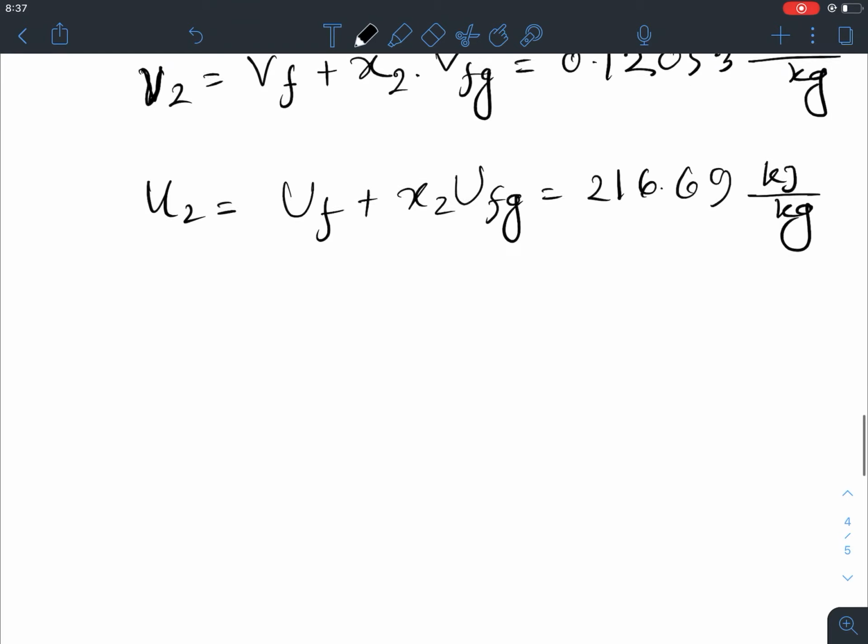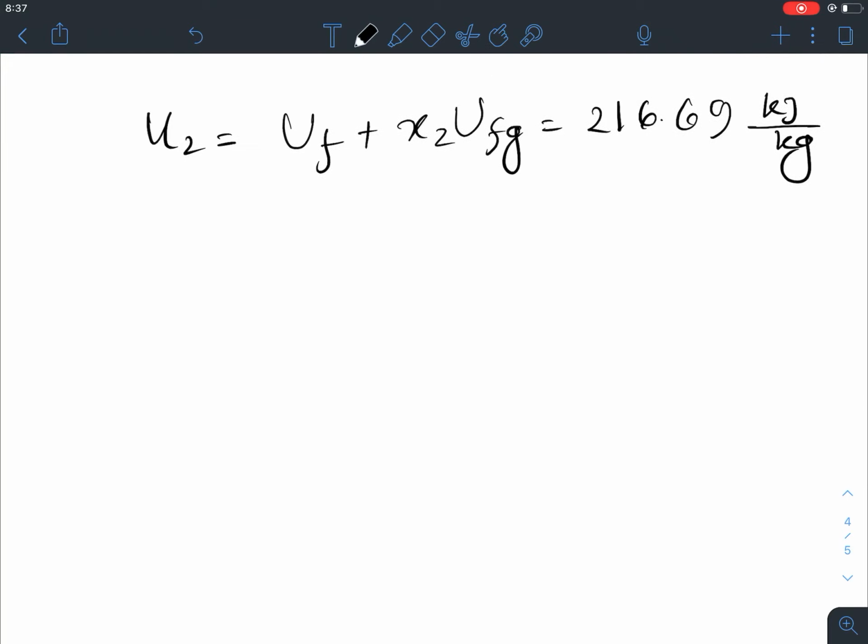Plug in all those values and we get 216.69 kilojoule per kg, right?